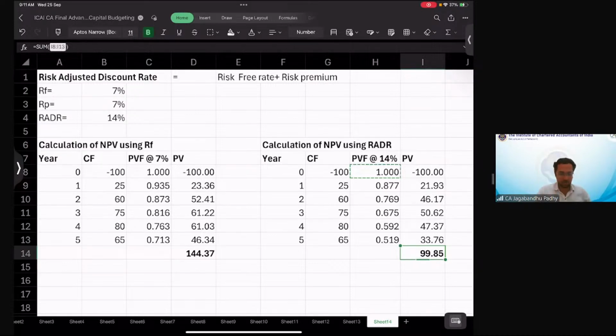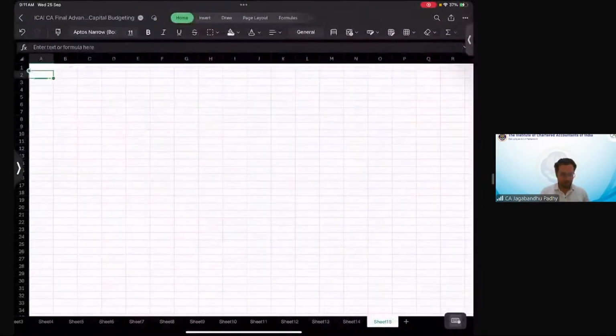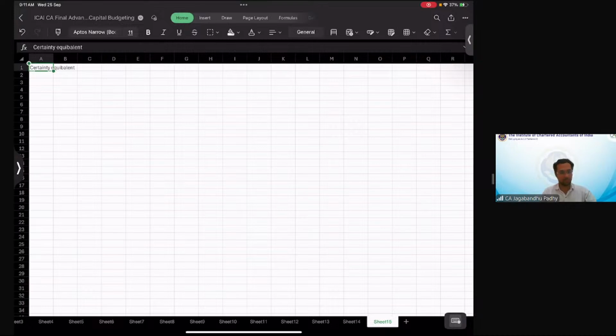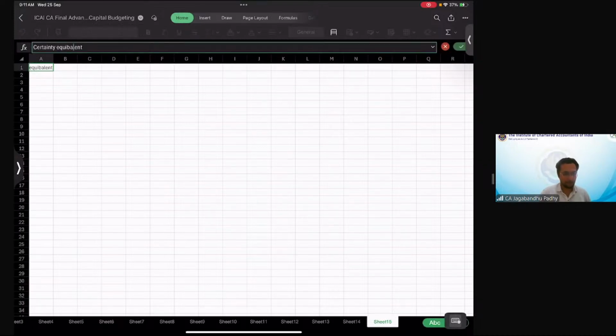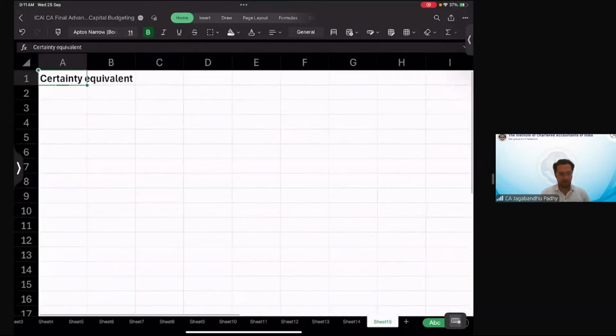If I am sure that a particular portion, like for example, let me just take this question number 7 to understand this concept of certainty equivalent. Certainty equivalent.